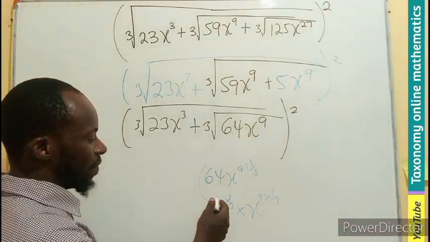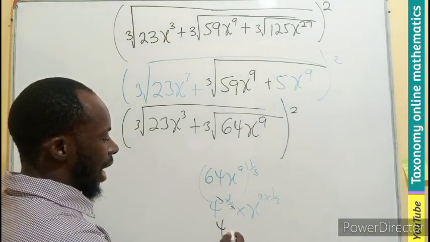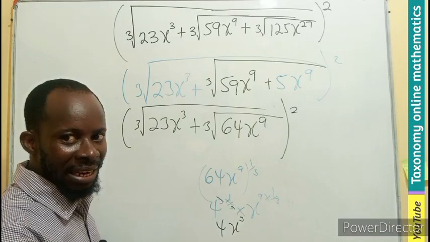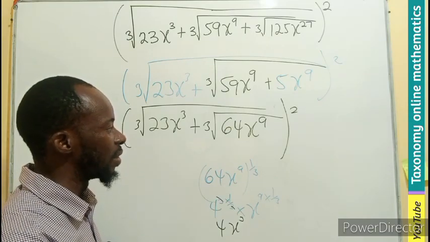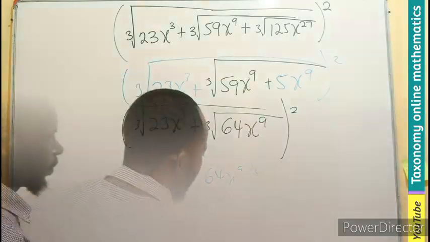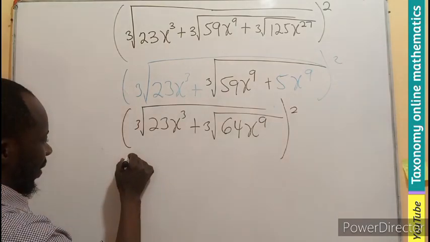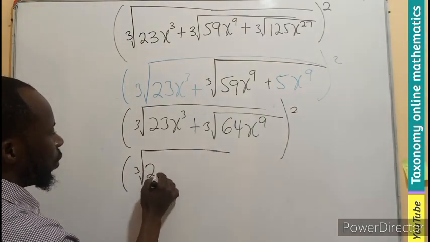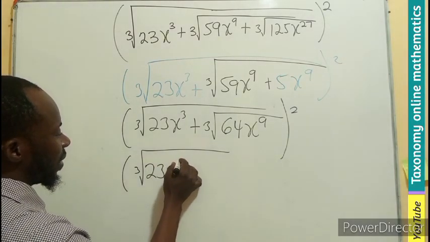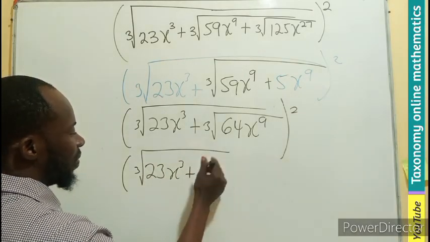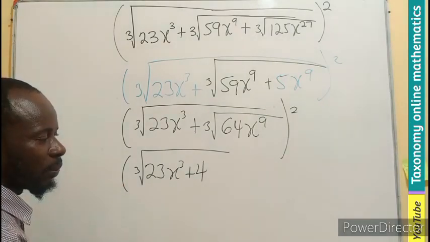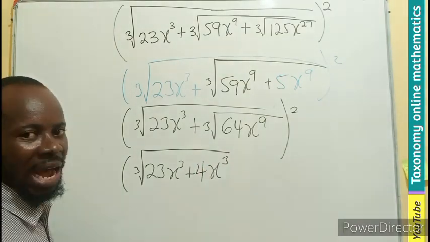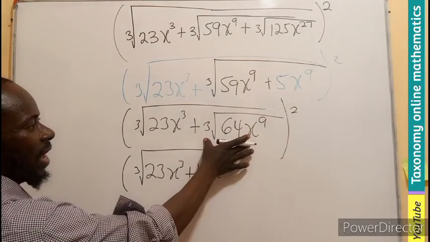So we know here will give us 4 times x exponent 3, in the multiplication of the powers. So the whole of this becomes the cube root of 23x exponent 3, we know this gives us 4, and 4x exponent 3, that we had from that cancellation.